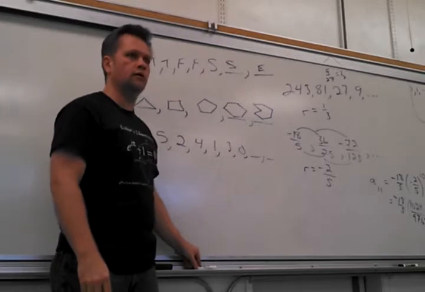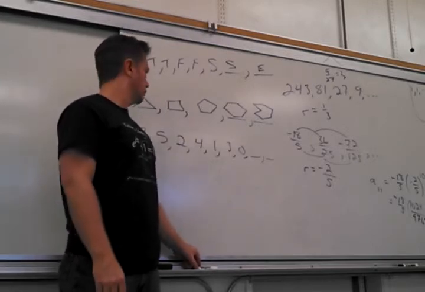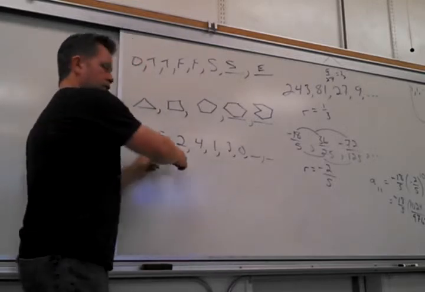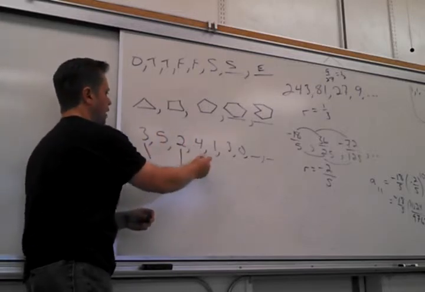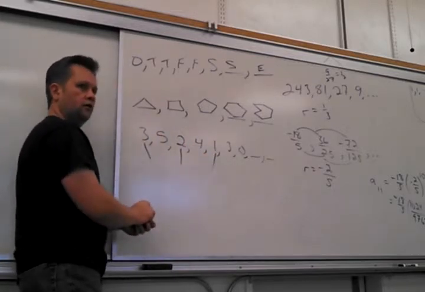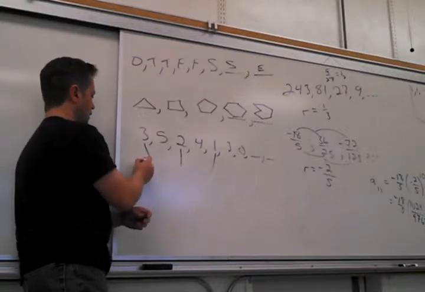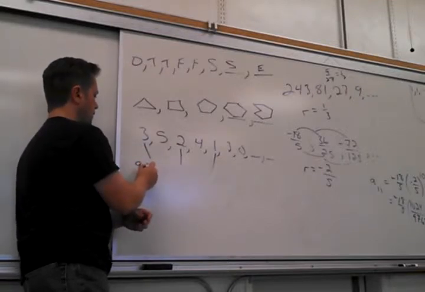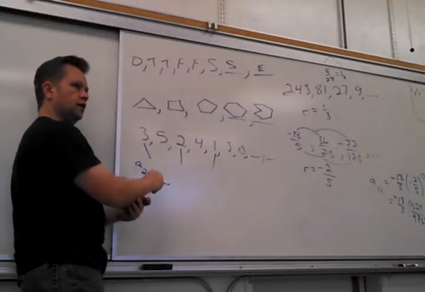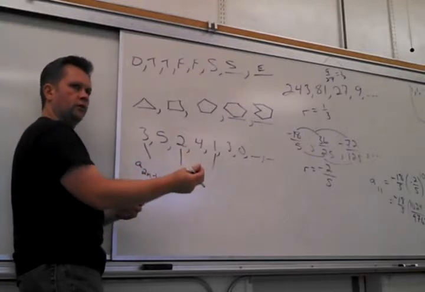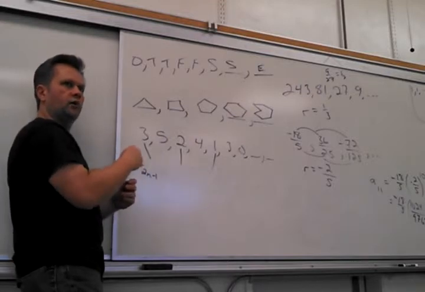How would you write the general form for something like the bottom one? Well, one way you could do it is all the odd terms follow one definition. So I'd say a sub 2n minus 1. 2n minus 1 is a general way to write an odd number. It's 1 off from a multiple of 2.